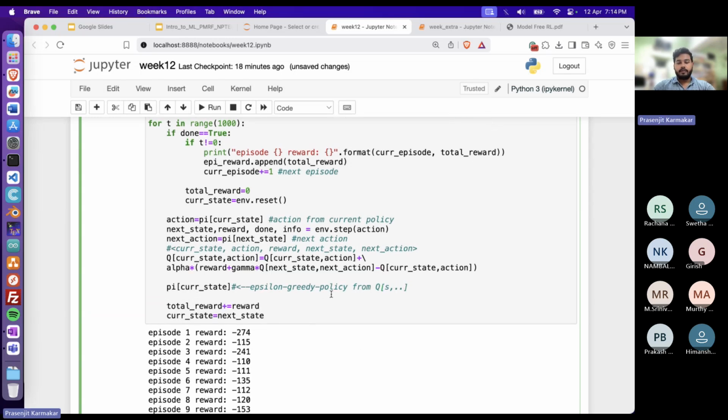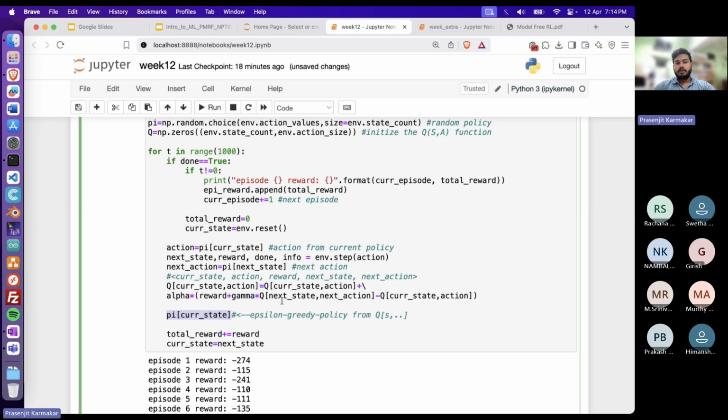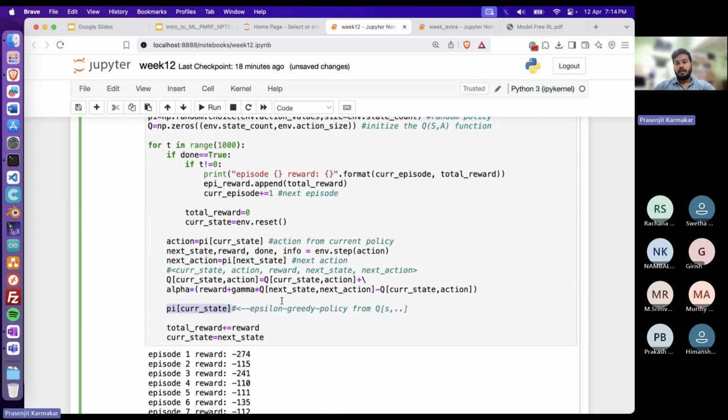That we'll see. Now after this Q update, I can sum the current total reward with the total reward and basically move to the next loop. So this thing I have to write. Now, the epsilon greedy policy, what can we do here.